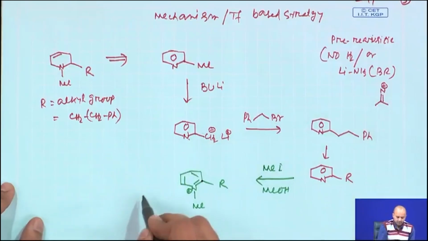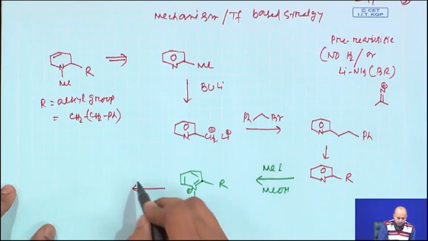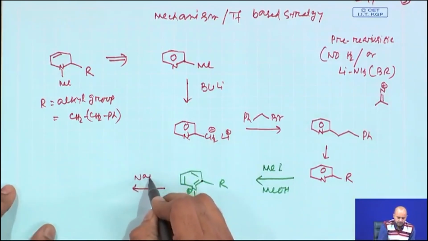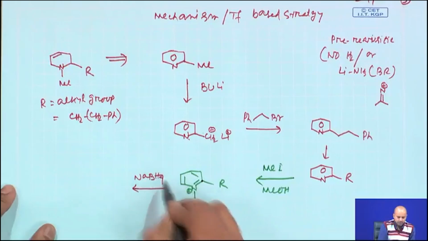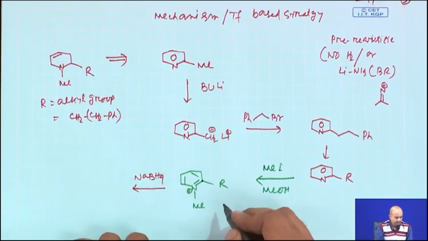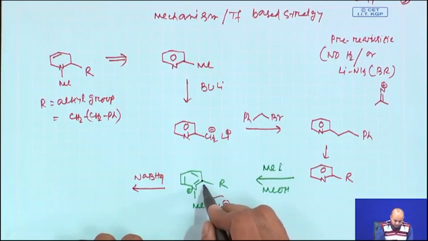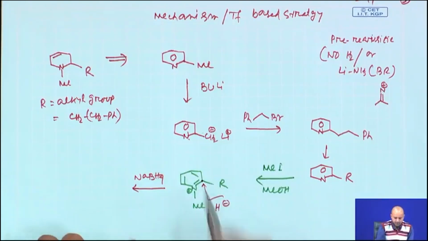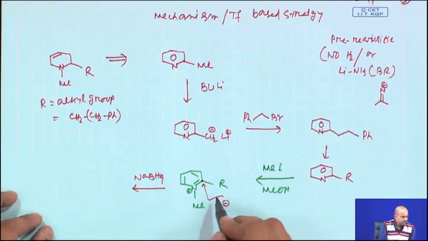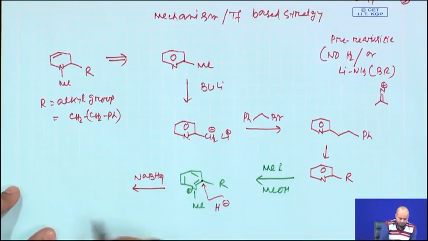attack this carbon. Now, here initially what we will do? We will be using a mild hydride reagent like sodium borohydride to give a hydrogen source, and this hydrogen source basically will attack this electrophilic carbon. So, eventually then what happens?